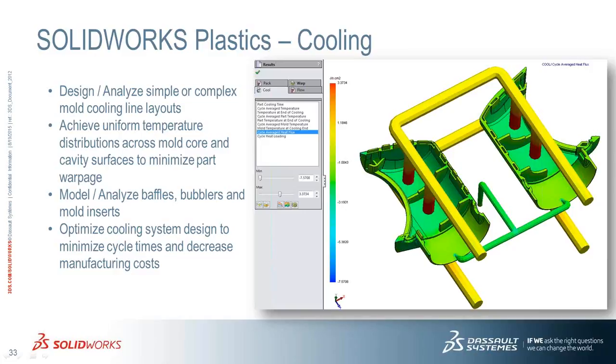So cooling line optimization and warpage analysis basically optimizes the overall cycle time, which is a big chunk associated with the cost of the product as well as time to market, and it ensures the manufacturing tolerances at the same time. So these are the key benefits associated with the plastics product offered by SolidWorks Simulation.